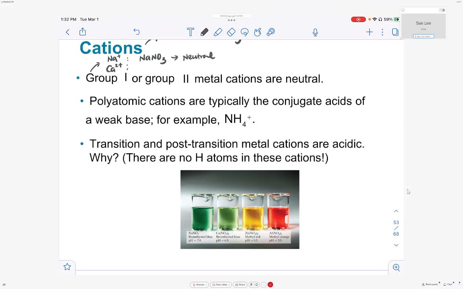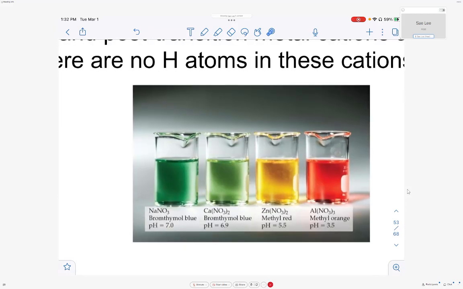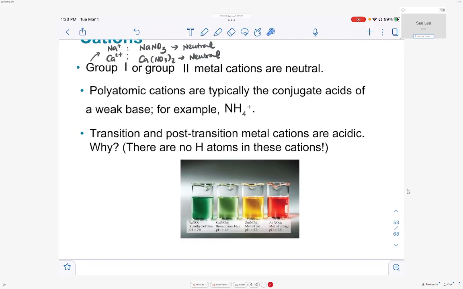So any salt containing this group 2 metal, such as calcium nitrate, is also going to be neutral. Why? Because this salt contains calcium. As you can see from the picture here, calcium nitrate has pH 6.9, very, very close to 7. It is also neutral in water.